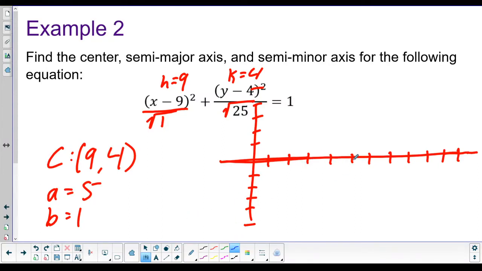Because the larger number is under the y, we go 5 in the y direction. About that same distance up, right about there. There we go. And then our horizontal axis is 1. So we go left 1, right 1. So we have a very tall, skinny ellipse. There you go. That's your ellipse from this one.